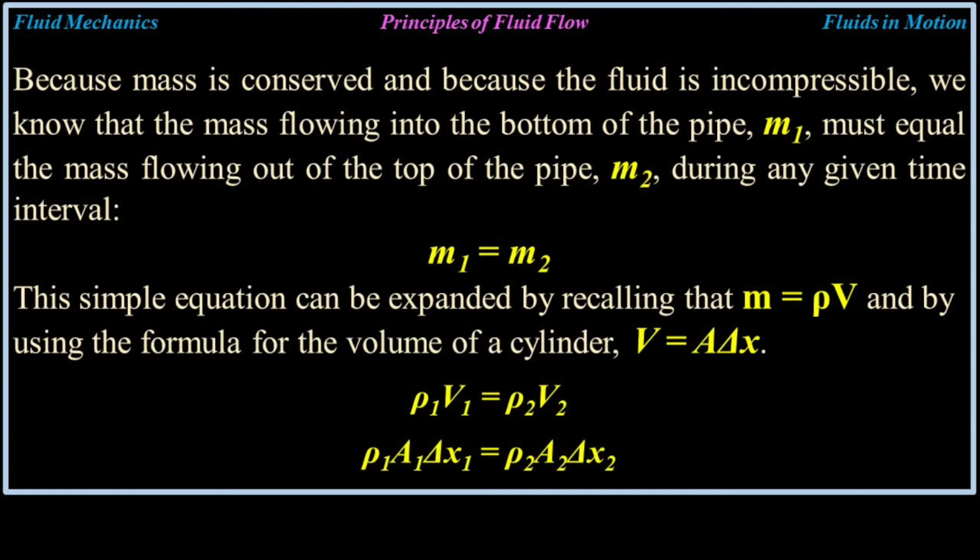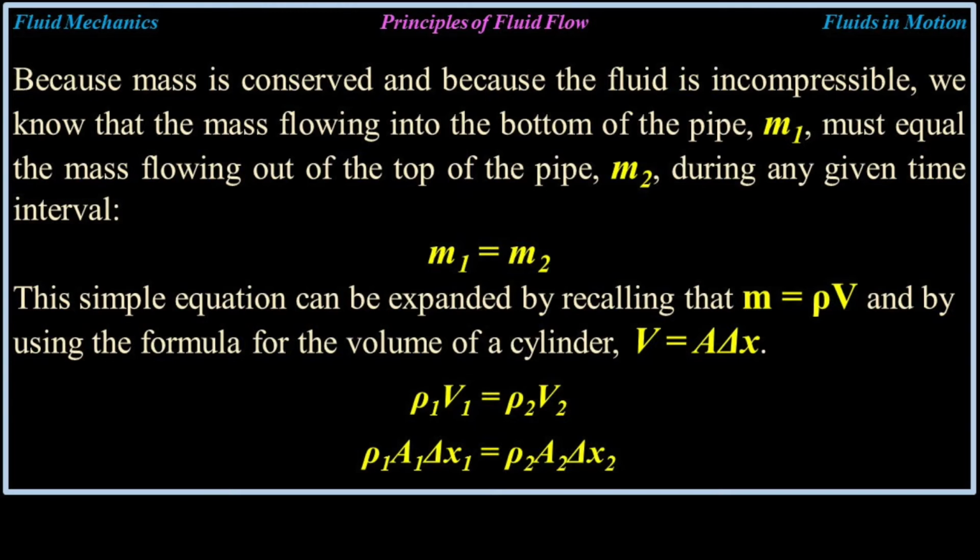Because mass is conserved and because the fluid is incompressible, we know that the mass flowing into the bottom of the pipe, M1, must equal the mass flowing out of the top of the pipe, M2, during any given time interval. M1 equals M2.